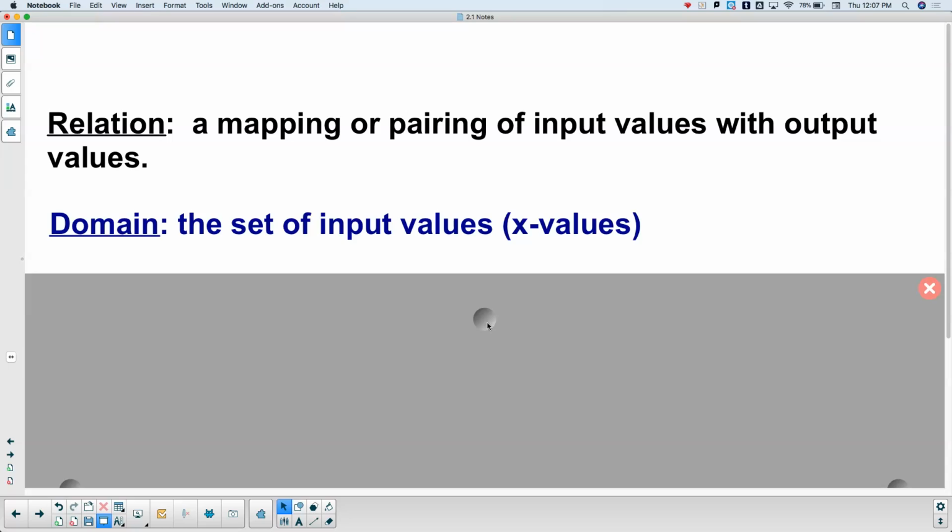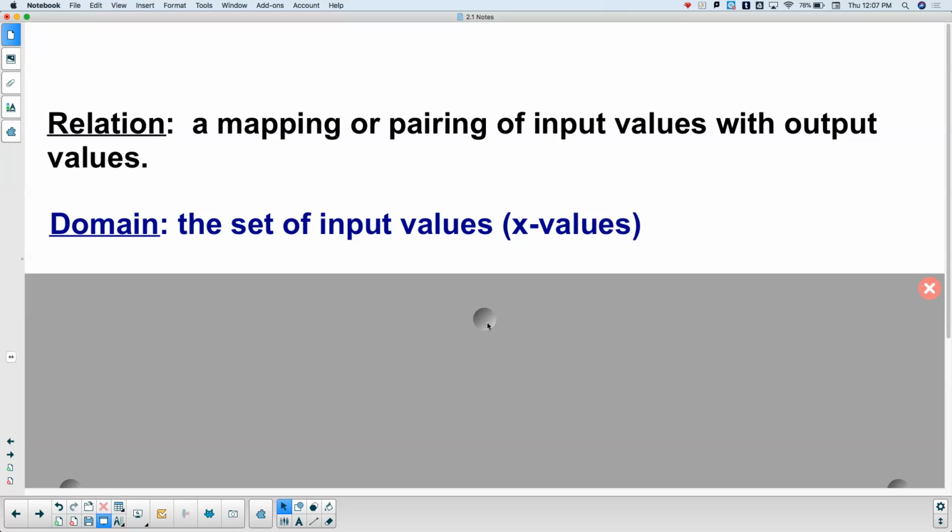Part of the relation is something called the domain. The domain is the set of all input values. The domain is what you put into your function, or what you put into your relation. It is the independent variable.